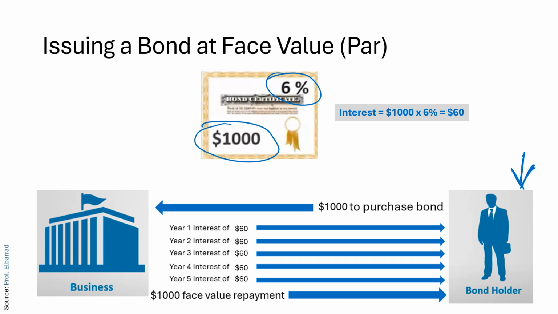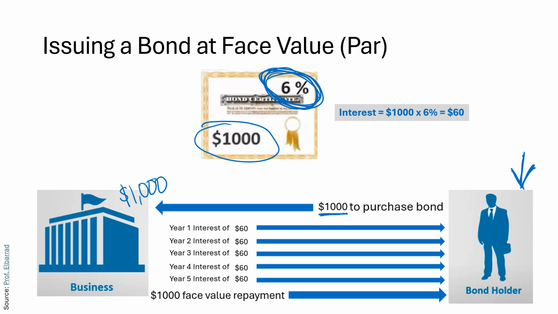Face value is $1,000. Interest rate is 6%. So they are willing to pay $1,000 for this bond, and that's exactly what they do. They pay $1,000 to the corporation at the bond issuance. The corporation has a stated rate of 6%, which means the periodic interest payments will be 6% of $1,000 annually, which is $60 per year.